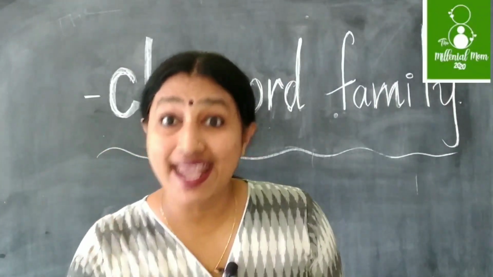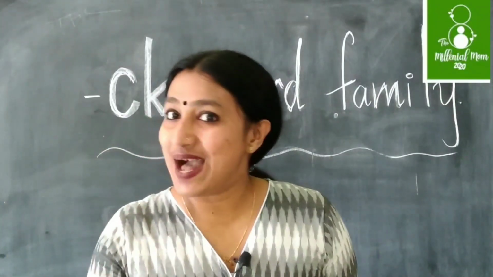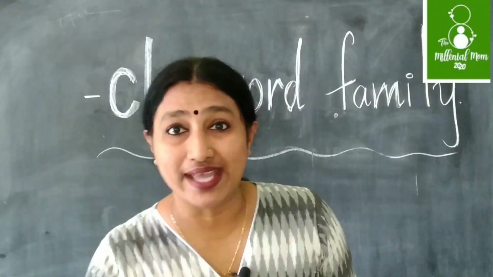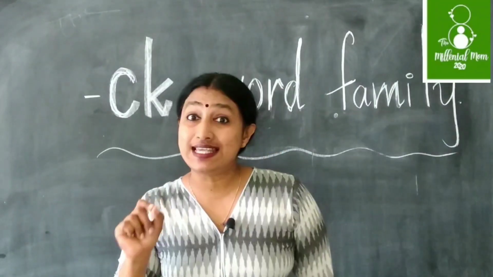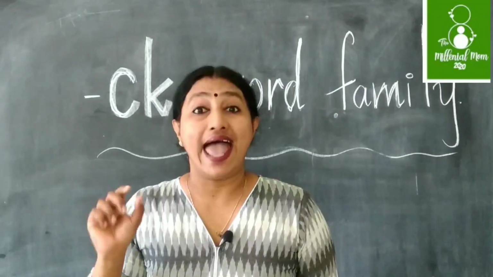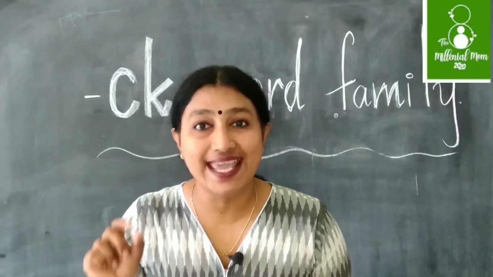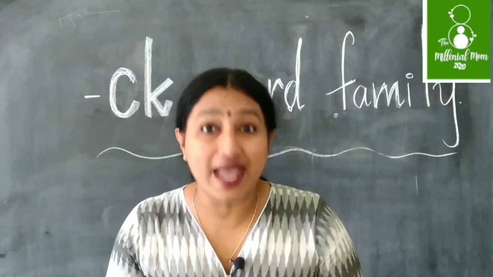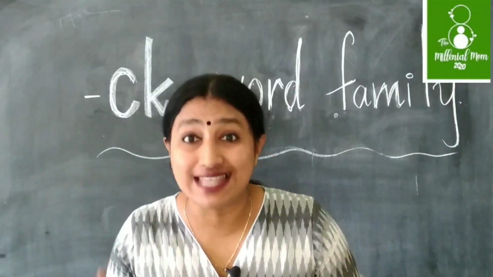C and K share the same sound in the language. We know that the sound of C is K and the sound of K is K. Both of them share the same sound.